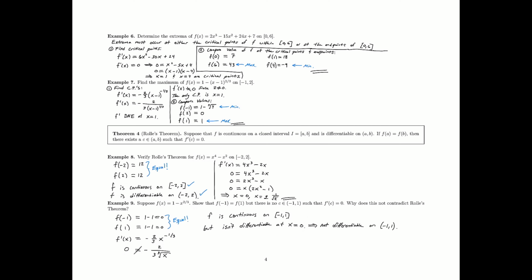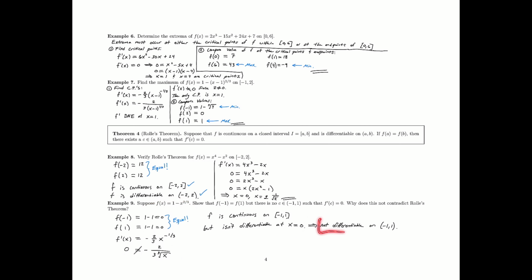What's the issue? Well, here's our derivative. If we plug in x equals 0, we get division by 0, which breaks the function. The first derivative has an infinite discontinuity at x equals 0. So this function cannot be differentiable at that location.